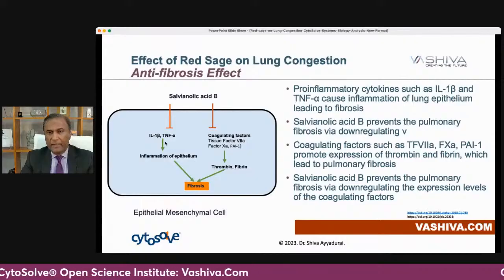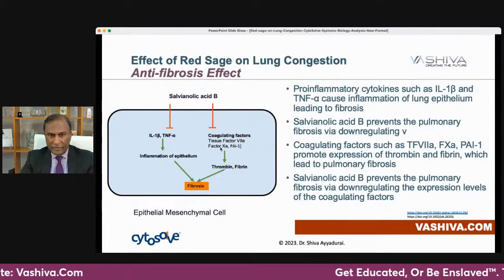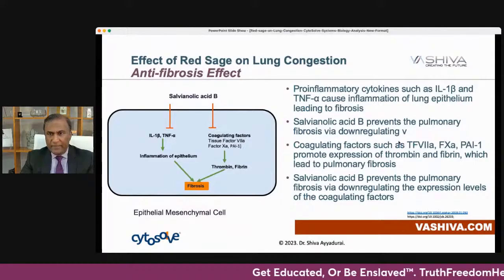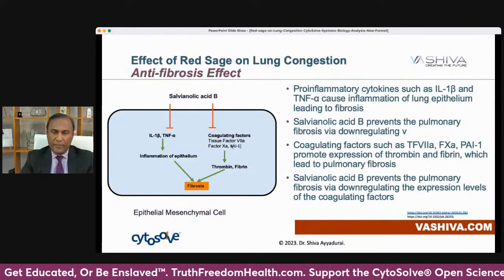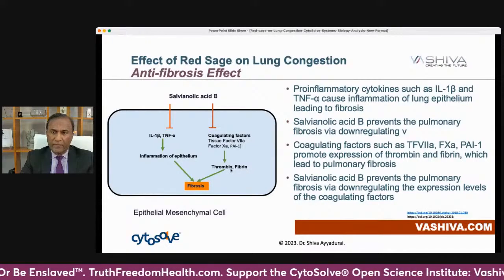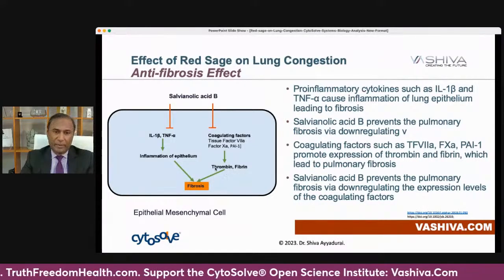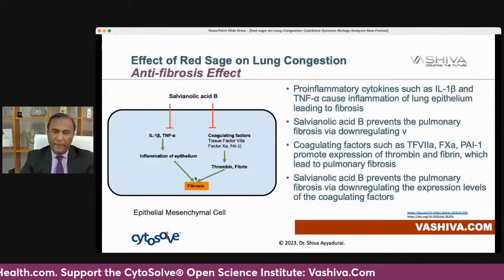Okay. Now, over here, there are coagulating factors such as TF, FV2A, FXA, and PAI1 right here. And these promote the expression of thrombin and fibrin, and these are things that lead to pulmonary fibrosis, what my mom had, okay?